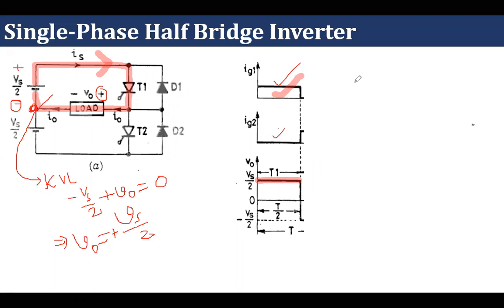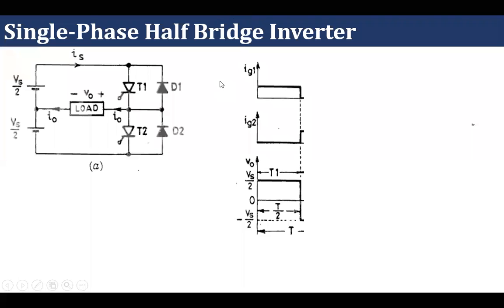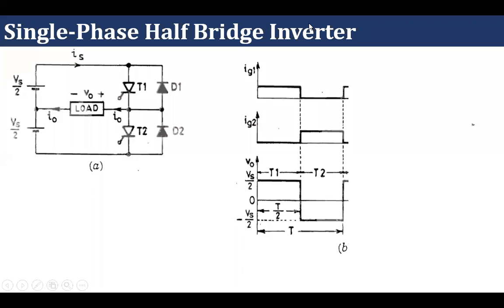Now let's see the next situation when we are giving gate pulse to device number 2. Then this device number 2 will be turned on and current will start to flow in this manner. So this is the direction of current this time, which is flowing through this device.